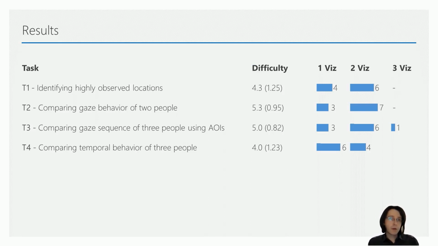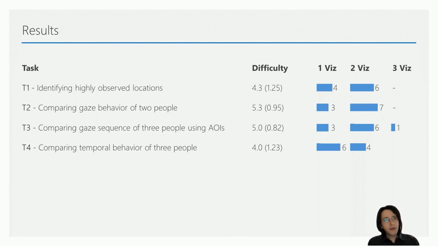Participants rated most of the tasks on the upper half of the difficulty scale, with 1 being very difficult and 7 very easy. This suggests that the system facilitated solving the tasks, and among the 4, task 4 was considered the most difficult one.